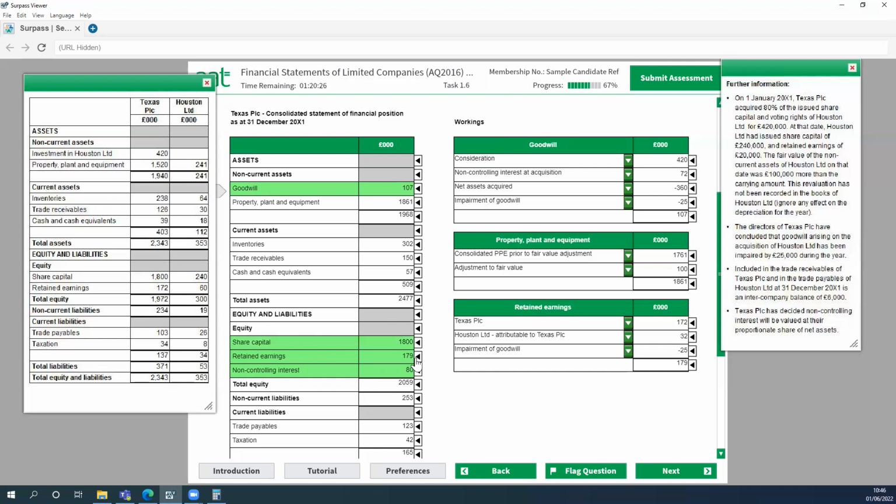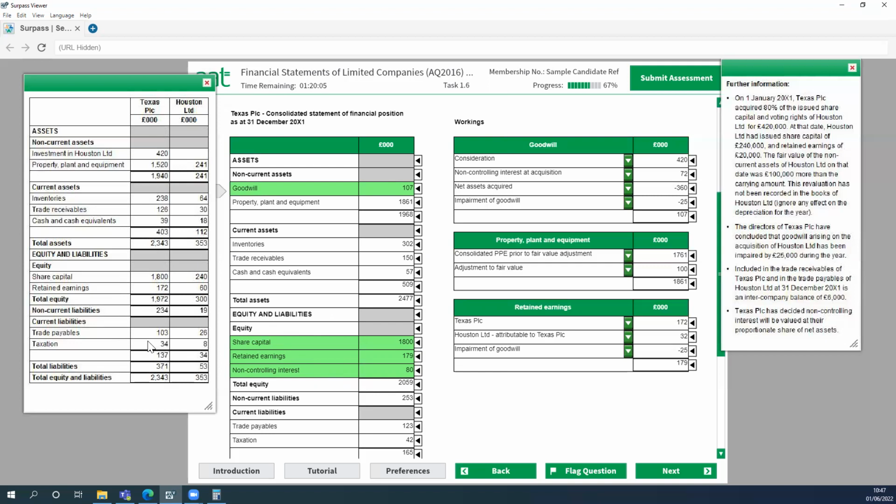We've already done retained earnings of the group. We've also done non-controlling interest, so that gives us total equity of 2059. Your non-current liabilities are again 234 plus 19, so your non-current liabilities, loans, are 253.